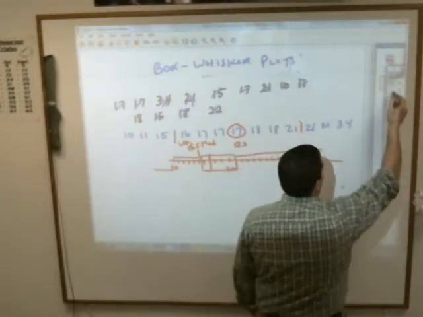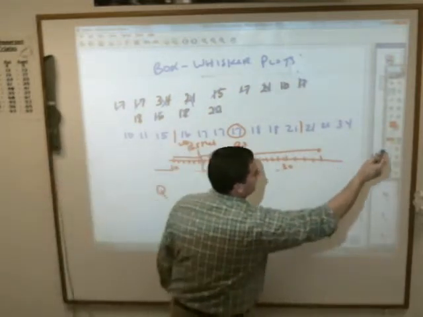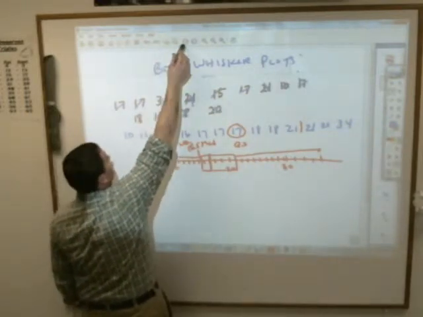Here is the formula for finding outliers.